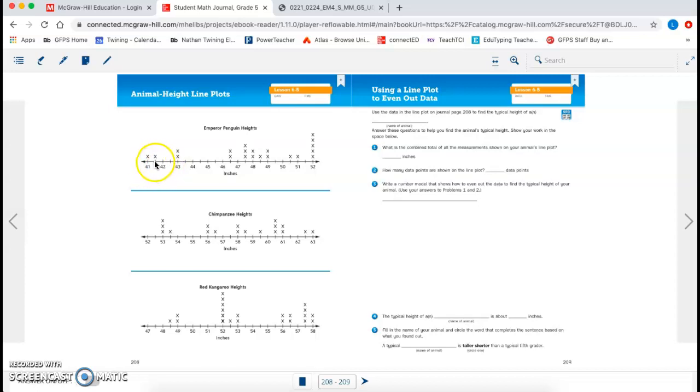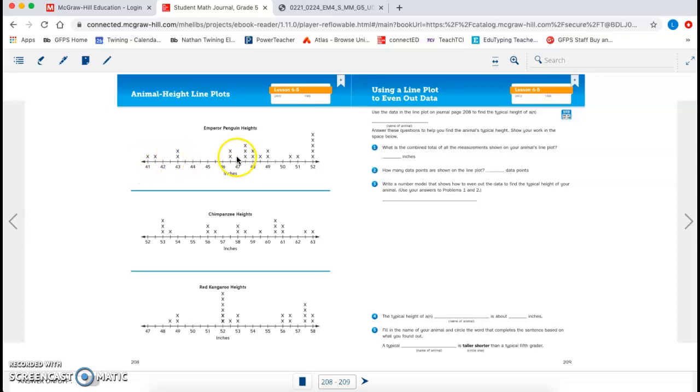That means that this is 41 and 1/2. Okay, so I have 41, 41 and 1/2. I don't have any more x's until I get to 43. Now, I won't just add 43, I need to add 2 times 43 because there are 2 x's over 43.